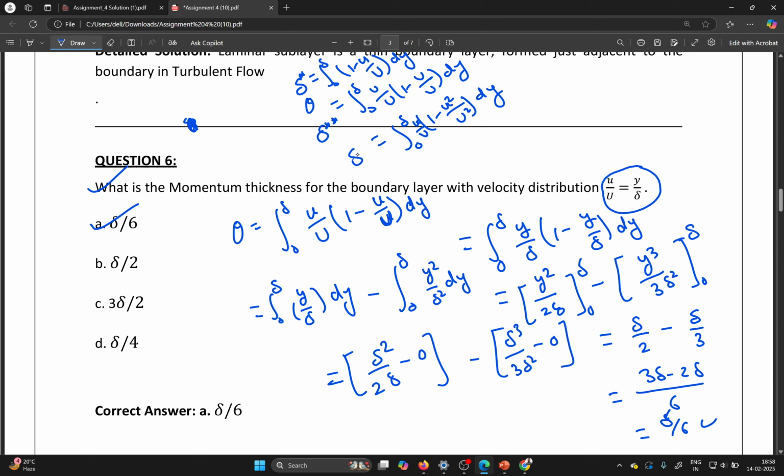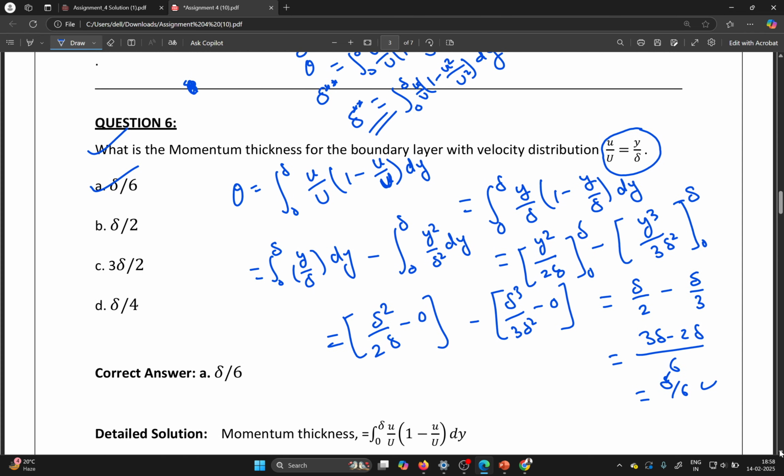So that's it. Everyone please remember these three formulas. Now we'll move on to the next question.